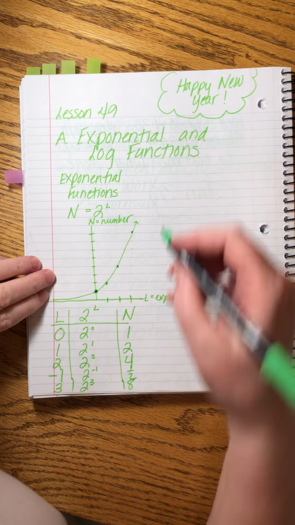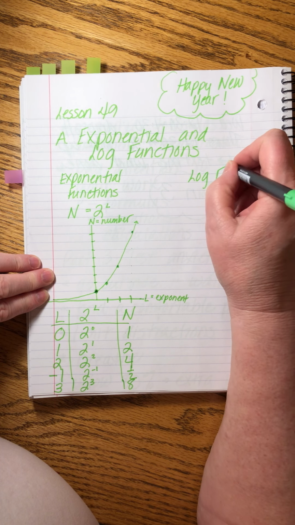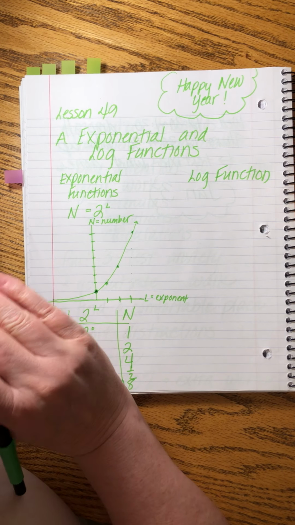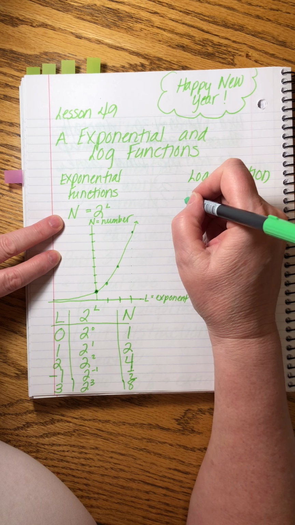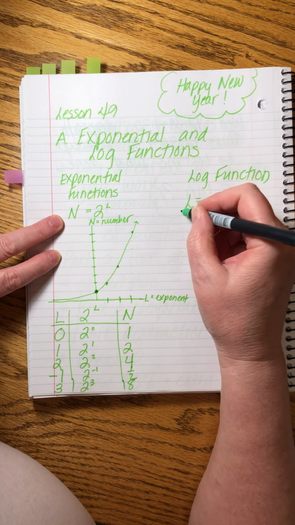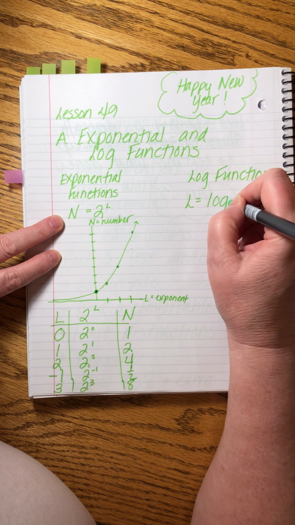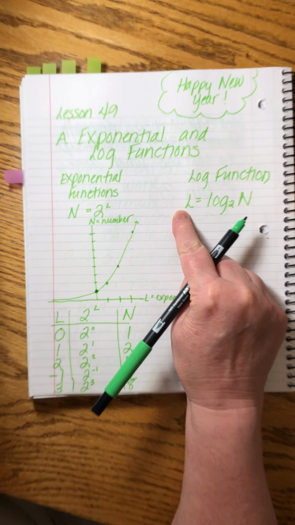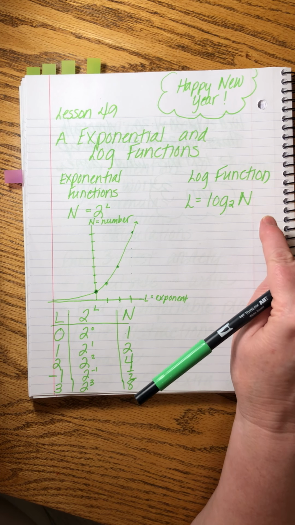Now what we're going to do is the log function of the same relationship. In this case, the way log functions work is we're going to say the log, or the exponent, we're going to graph these in the opposite order.